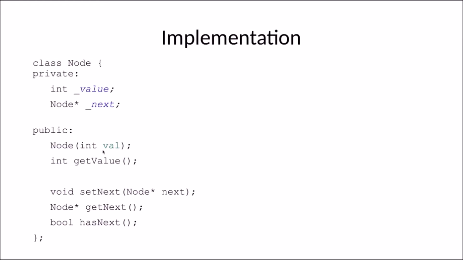I have a constructor to create a new node with a given value. I have a getter function to return the value stored in the node. And then I have getter and setter function to update the next node. And I have a helper method to check if this member variable is null or not. So does the current node have a next node, yes or no?